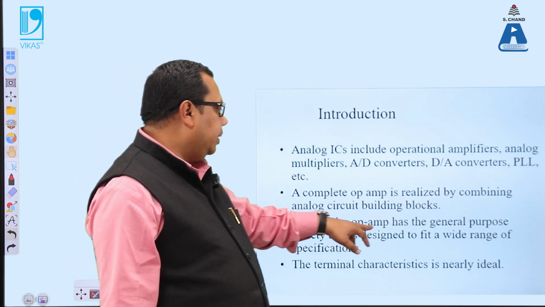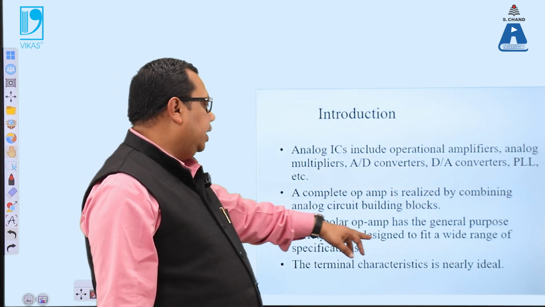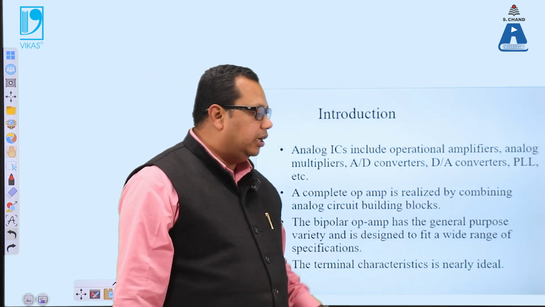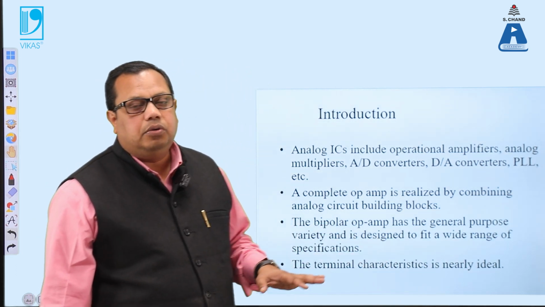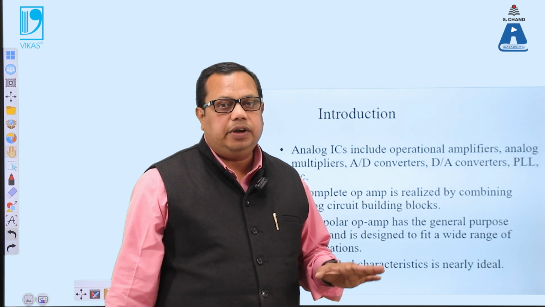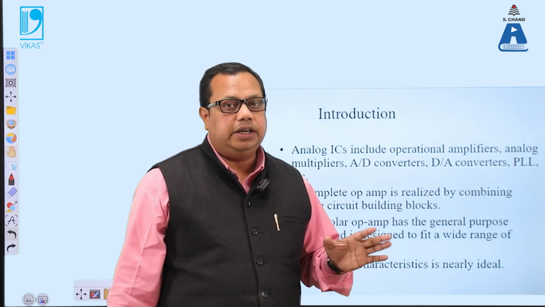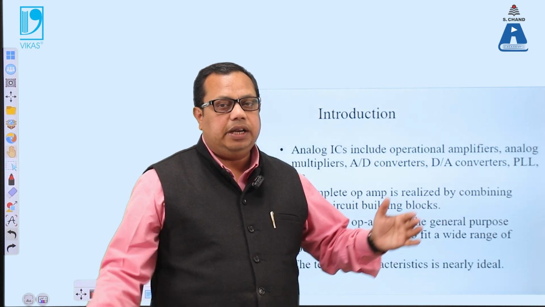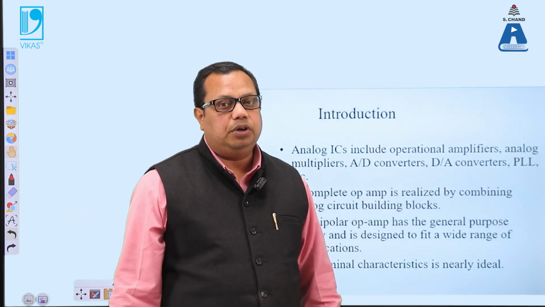The bipolar op-amp has a general purpose variety, designed to fit a wide range of specifications, and the terminal characteristics are nearly ideal. Whenever we design a particular integrated circuit, as the name suggests, many components are integrated over one particular chip.